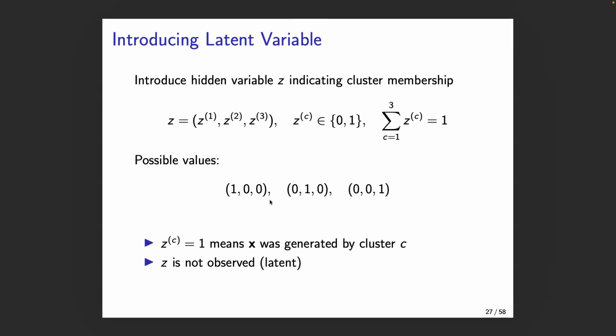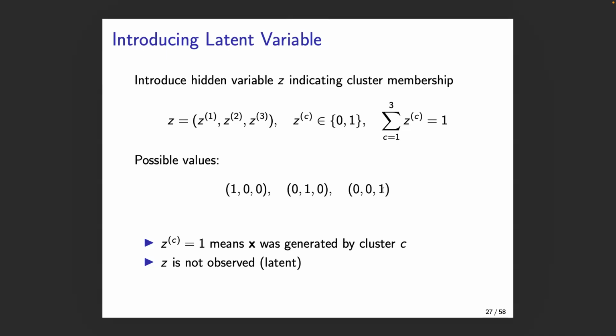So for our 3-mode distribution, the possible values for this latent vector are 1, 0, 0, meaning that this data point was generated from cluster 1 or Gaussian 1. Other possible values are 0, 1, 0 and 0, 0, 1, depending on which cluster the data point was generated from.